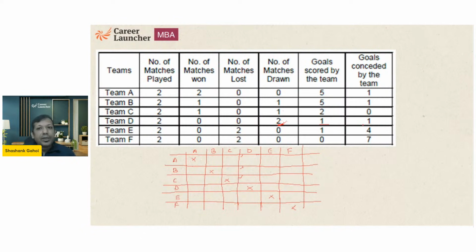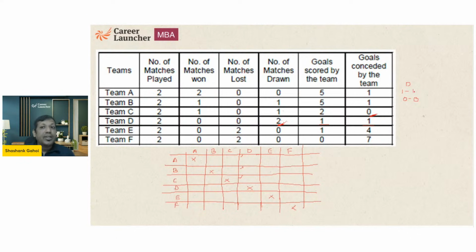Now, D has made 1 goal and conceded 1 goal, and it is having only draws, right? So it cannot concede 1 goal and make 1 goal in a single match. If we are talking about draws, it should be 1-1 and 0-0. Now C is not conceding any goals; the number of conceded goals by C is going to be 0.